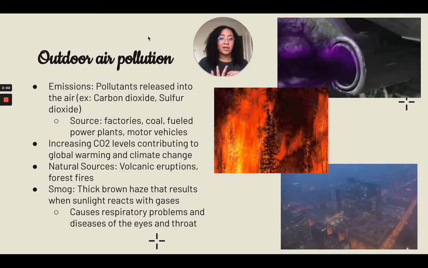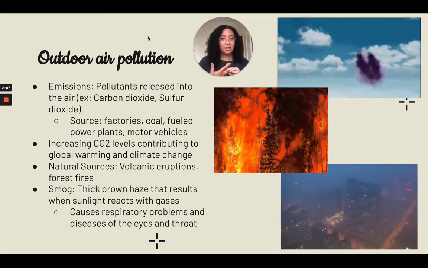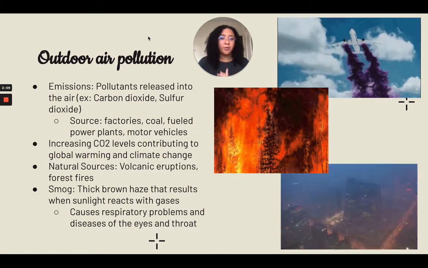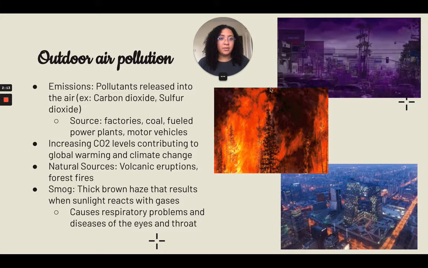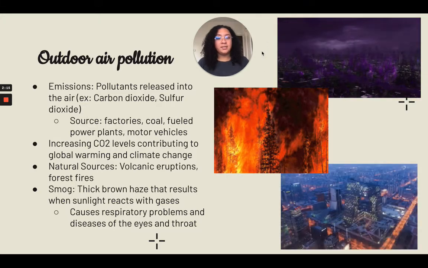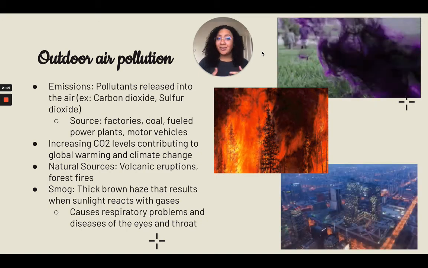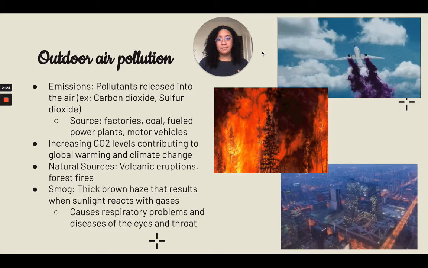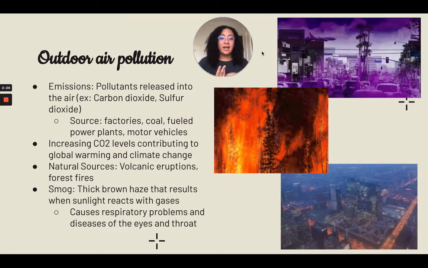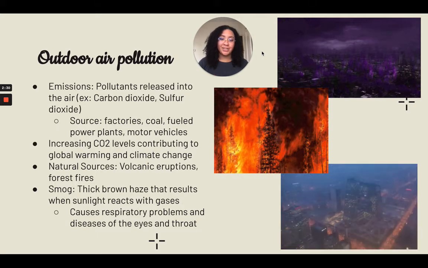It could be from burning coal, fuel power plants, and also cars or motor vehicles that we use every day. So in this GIF, the first one with the purple is showing all of these different types or different sources of emissions that are released into the air. Okay. So increased carbon dioxide levels are contributing to global warming and climate change. We already knew that.